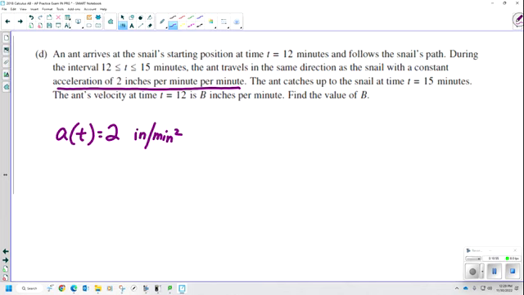This is of the ant. The ant catches up to the snail at time 15. The ant's velocity at time 12 is b. So this is something else for the ant. The velocity at time 12 is going to be some b value. And find the value of b. So that's what we got to get.